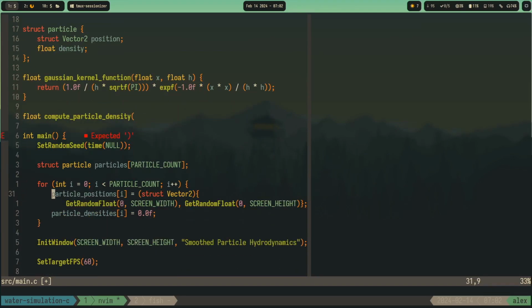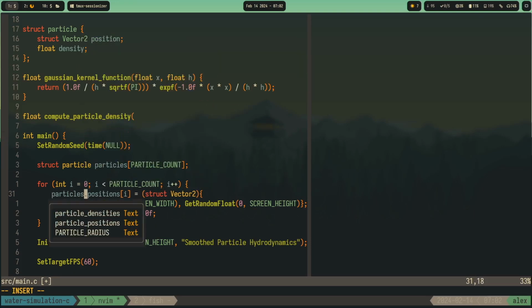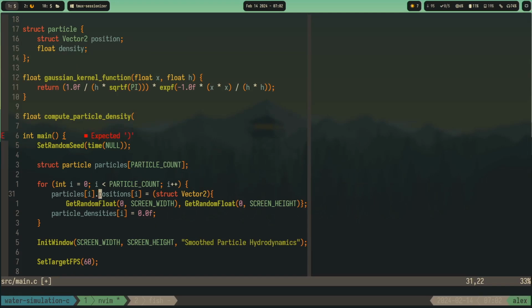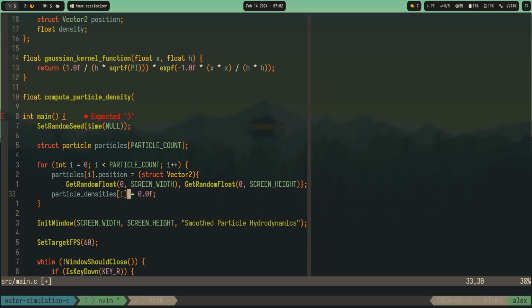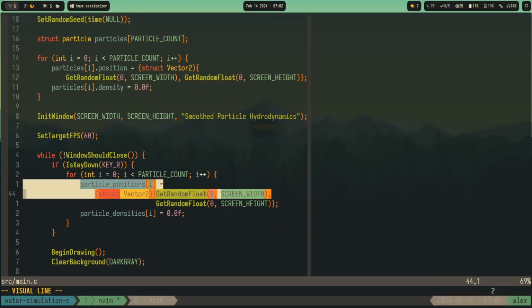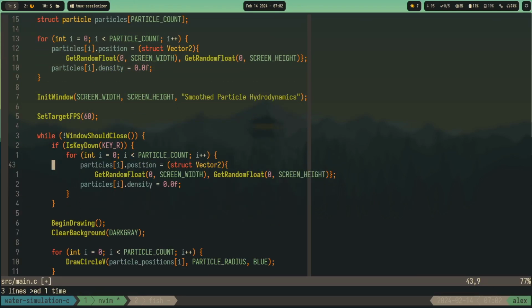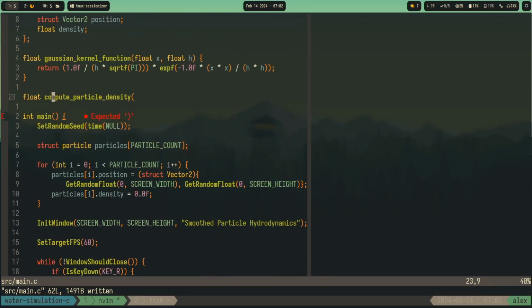Particles, and yeah, particles, and we can actually use the, oh my god, okay, anyway, I mean we can also have a function to initialize this. Yeah, sure, fair enough, why not?